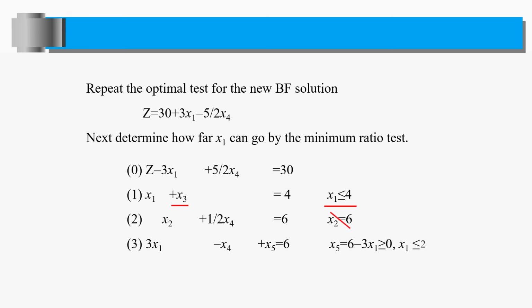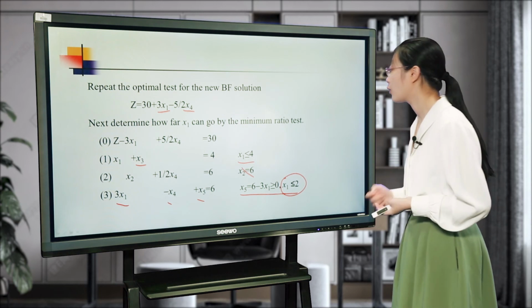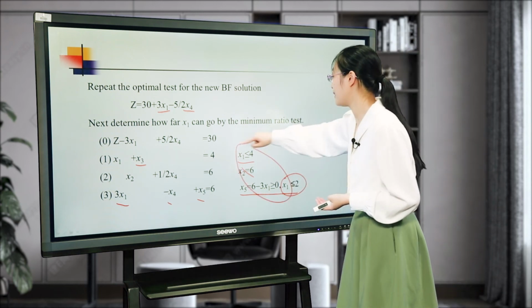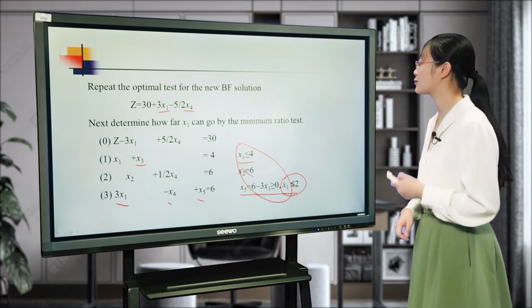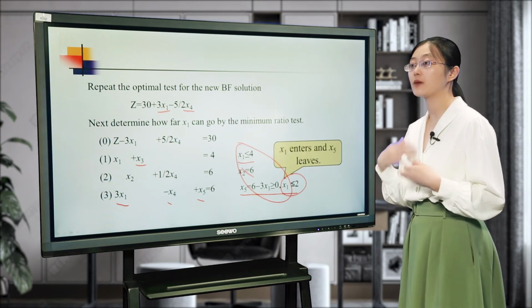The third equation also contains x1, and since x4 is 0 and x5 is non-negative, by calculating the inequality we see that x1 has to be less than or equal to 2. Again, x1 cannot go too far because we want all the variables to remain non-negative. So x1 can be increased up to 2.